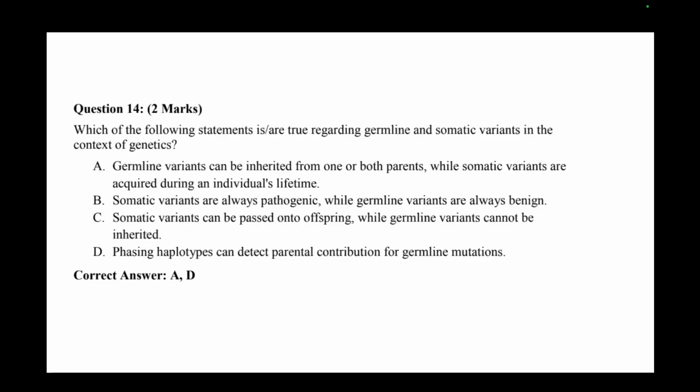And germline variants are also not always benign, because germline variants can be pathogenic and cause rare disorders, neurological and other types of disorders as well. And somatic variants cannot be passed into offspring because your germline is not mutated. Actually, it's the opposite. Germline can be passed through offspring, and somatic variants cannot.